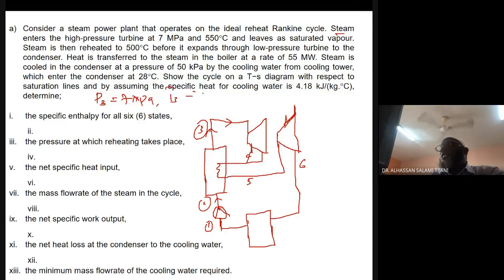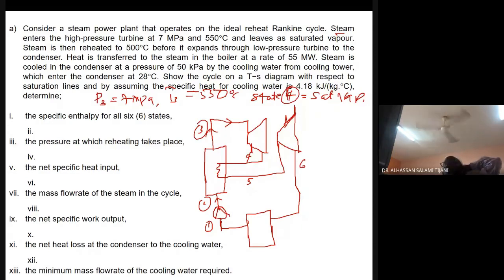T3 similarly 550 degrees Celsius, and leaves as saturated vapor. So state 4 is equal to saturated vapor.